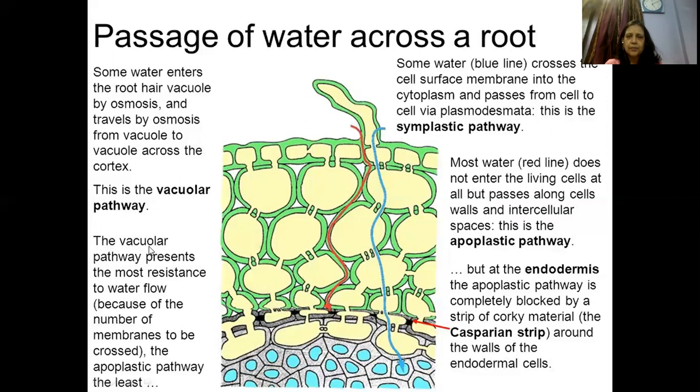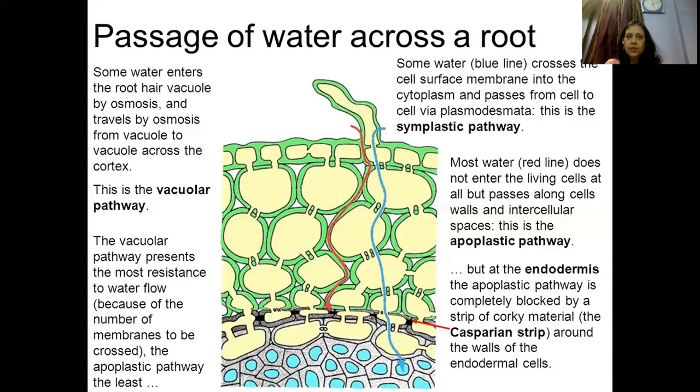It's a part of the symplast, but you need to understand the vacuolar pathway represents the most resistance to water flow, because of the number of membranes to be crossed. The apoplastic pathway is the least. But here in the blue line, you will see the water crosses through the living membrane, through the living cells via the plasmodesmata.